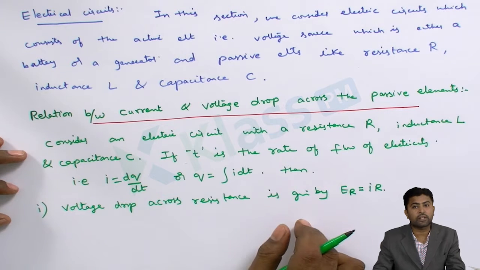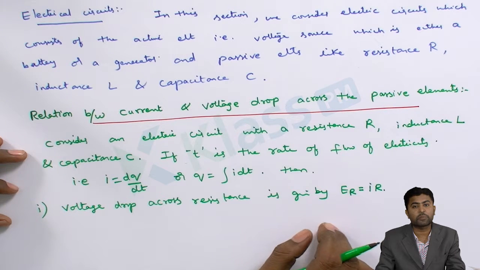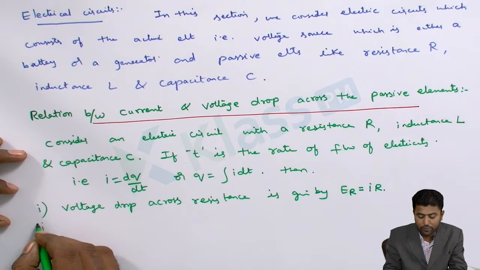Voltage drop across the resistance is denoted with E subscript R, which is equal to IR.